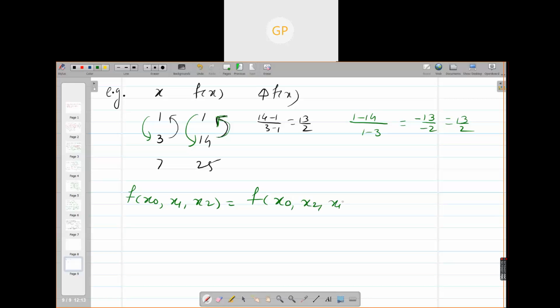I can keep x0 fixed and change the positions of x2 and x1. I can have this as f[x1, x0, x2], or f[x2, x1, x0], etc. All will be the same. So you can check it.